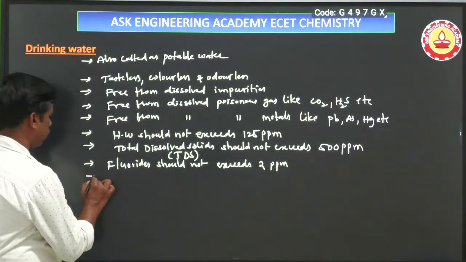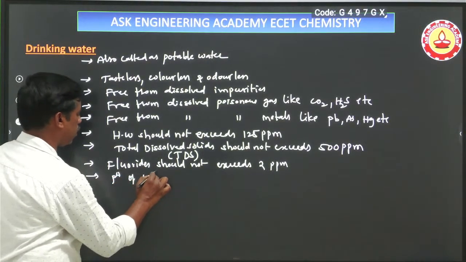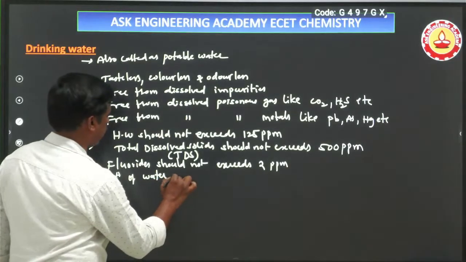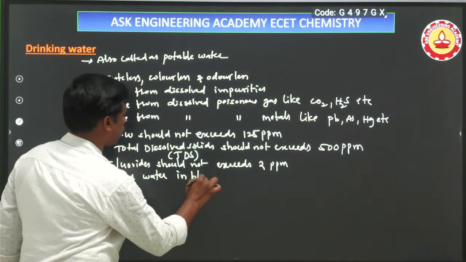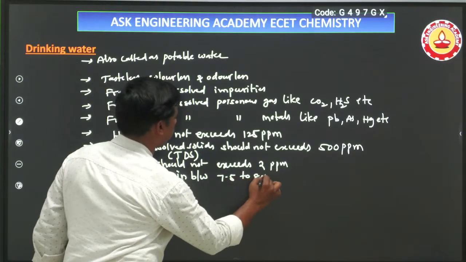The pH of water should be in between 7.5 to 8.5.